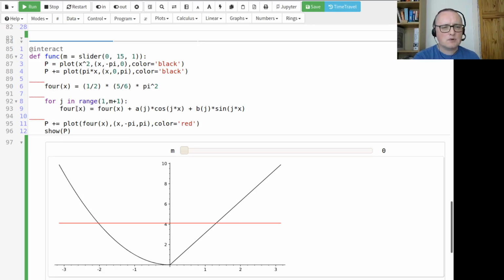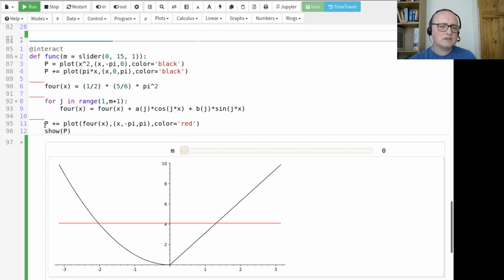Within this for loop, I redefine the Fourier expression for x as what it was plus the term aj times cosine of jx plus the term bj times sine of jx. That will build up the mth partial sum of the Fourier series for f.